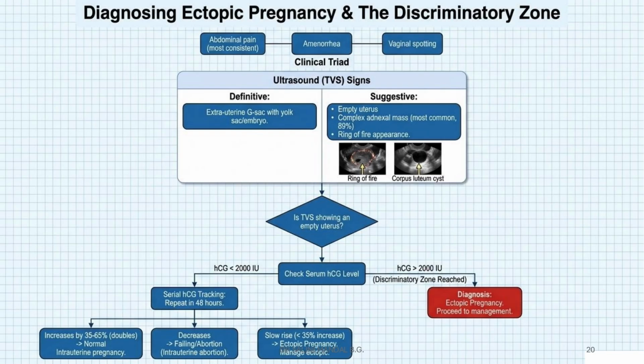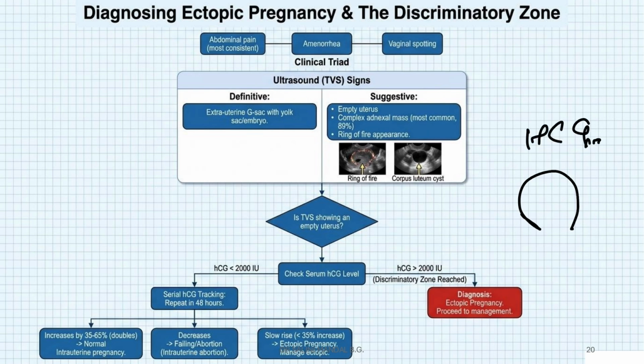Plus we have one more thing, we can get an empty uterus, complex adnexal masses, as well as a ring of fire appearance. Okay, so this is what we are going to get. Imagine if the uterus is empty, what are we going to do? Check the HCG level.